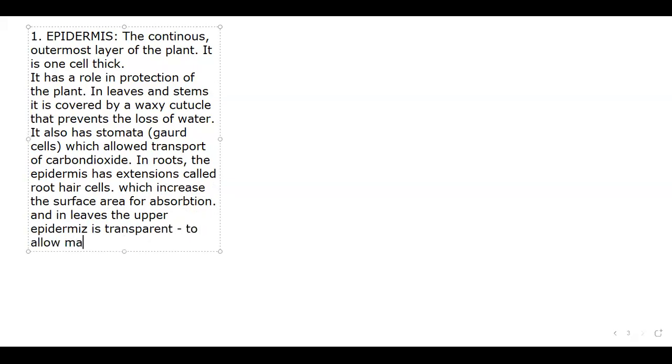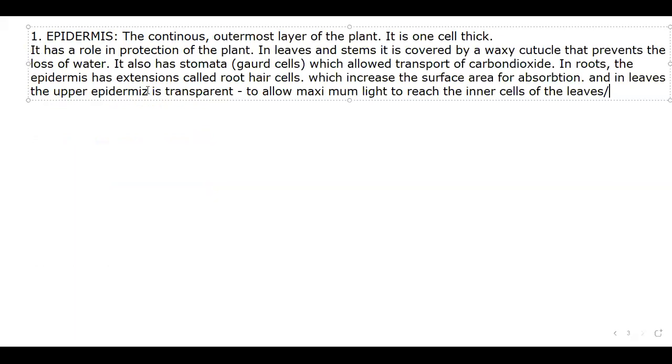To allow maximum light to reach the inner cells of the leaf. This is what we had already discussed about epidermis.